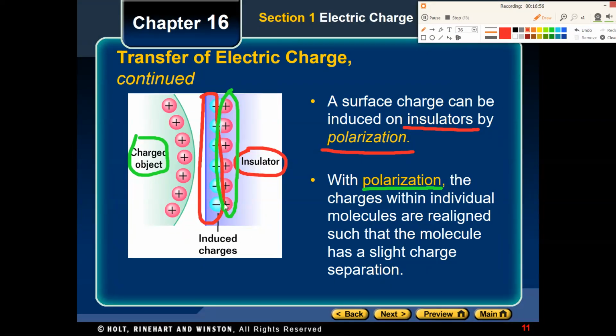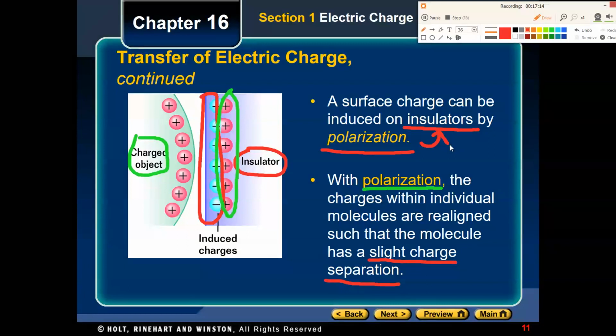This is just a slight charge separation. Anyway, you need to know the difference between polarization and induction. Polarization is specifically for charging of an insulator, and induction is specifically for charging of a conductor.